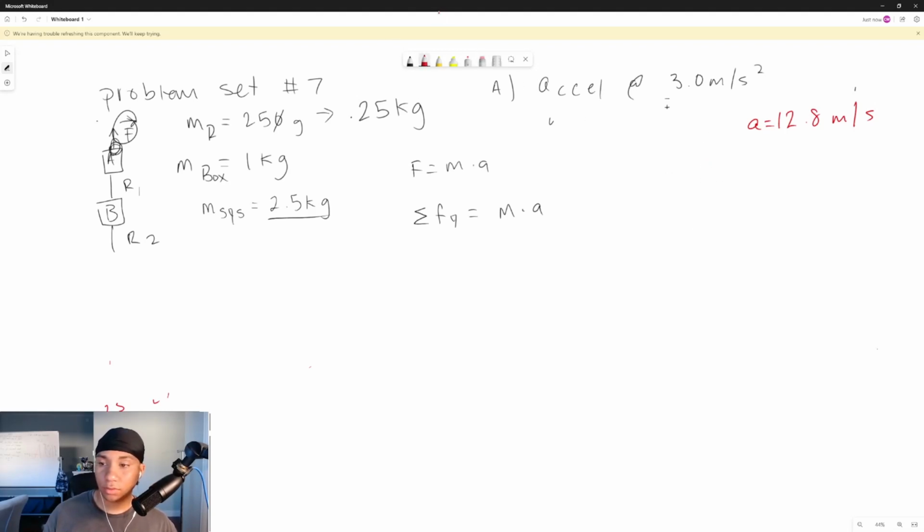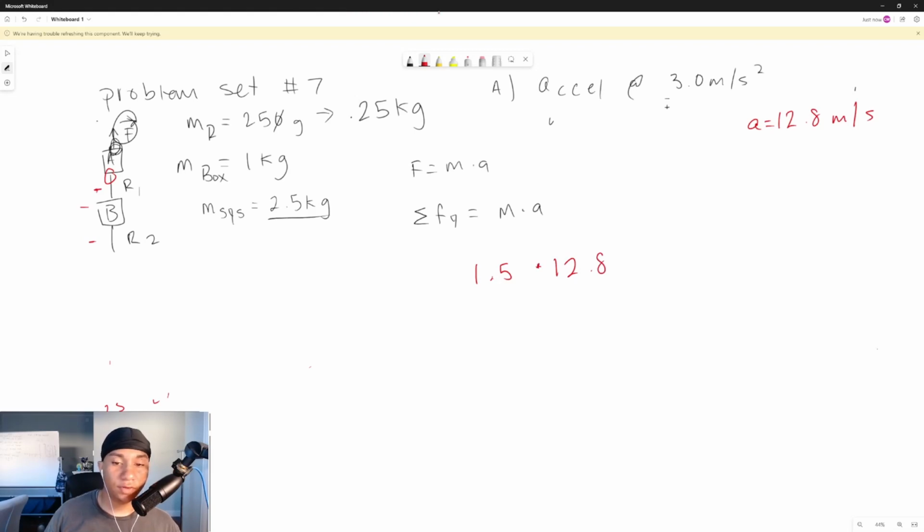The next part asks for what is the tension at the top of rope 1? The tension at the top of rope 1 has to apply for everything below rope 1, correct? So we add this 0.25, 0.25 and 1, which is 1.5. So we can just do mass times acceleration: 1.5 times 12.8.